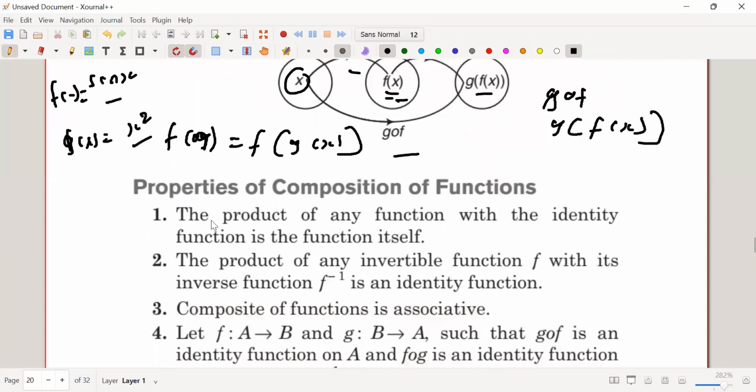Right? F of g not always equal to g of f. Unless a condition is given that f of g equal to g of f, find x. All right.